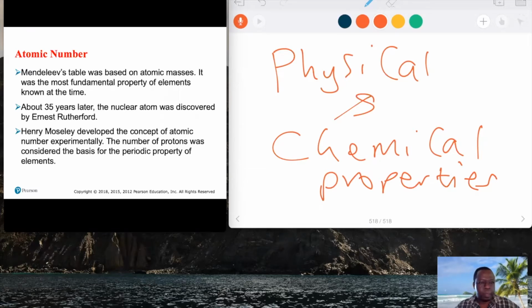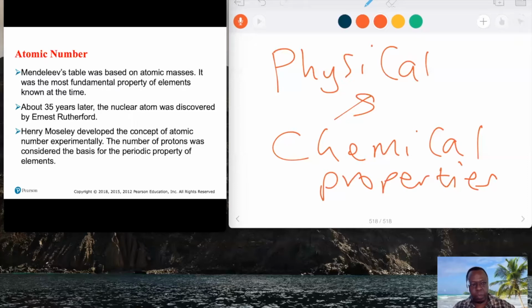There was an English chemist who organized now the modern periodic table based on the atomic number. This atomic number is the same as the position of the element on the periodic table. Henry Moseley here, all right, at this time, much earlier, about 35 years earlier, Ernest Rutherford had demonstrated the use of alpha particles, positively charged particles, bombarding the nucleus.